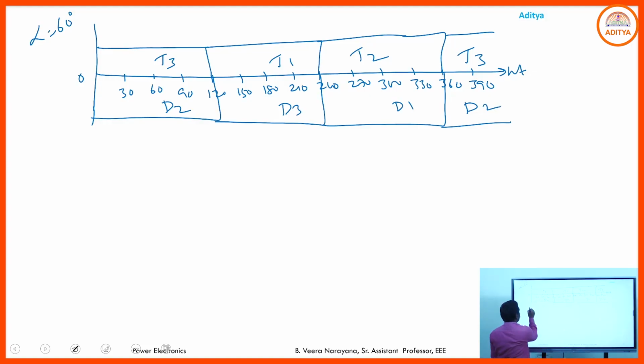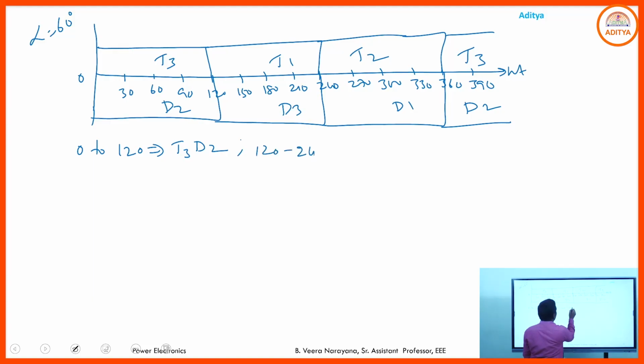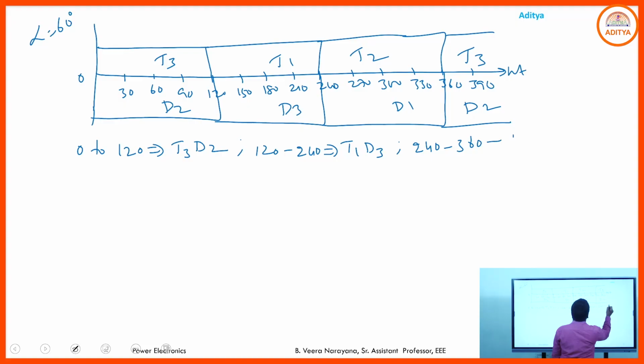So what is the output voltage table? 0 to 120, T3, D2. 120 to 240, T1, D3. 240 to 360, T2, D1.